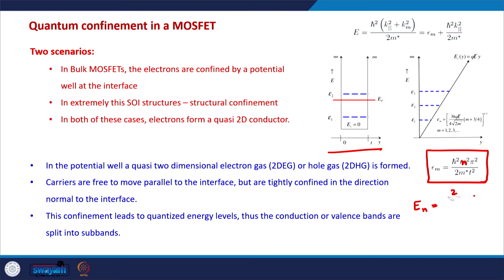There is a typo in that equation that is written there: n square pi square h bar square divided by 2 m star t square, where t is the thickness of the ETSOI MOSFET, or the thickness of the inversion layer as well. For the sake of better understanding, we can assume that even in bulk MOSFETs this kind of confinement is there.